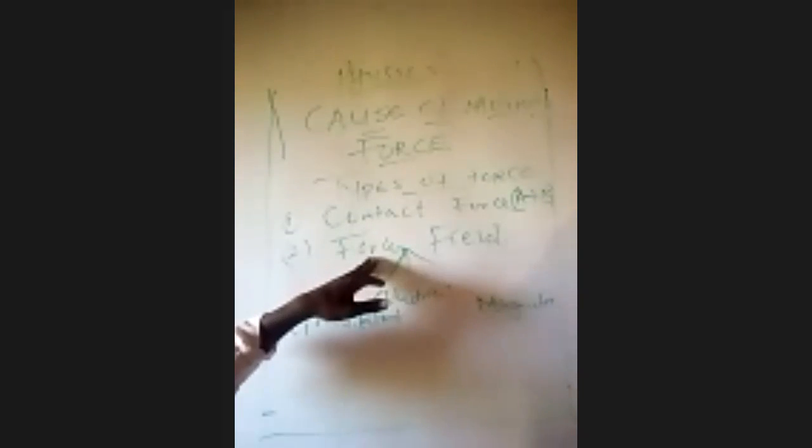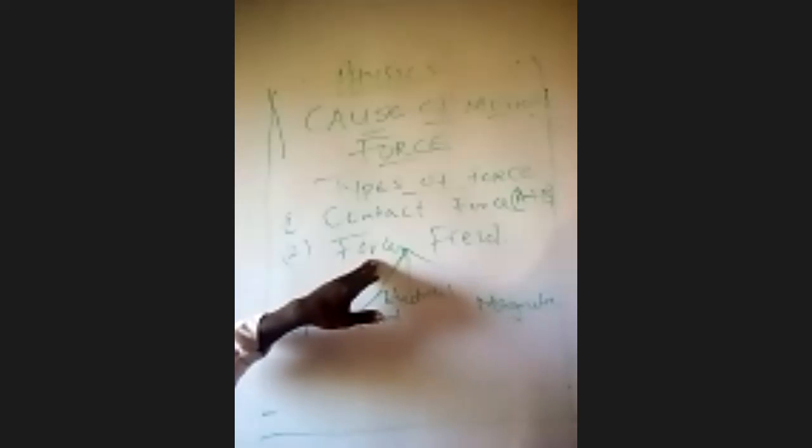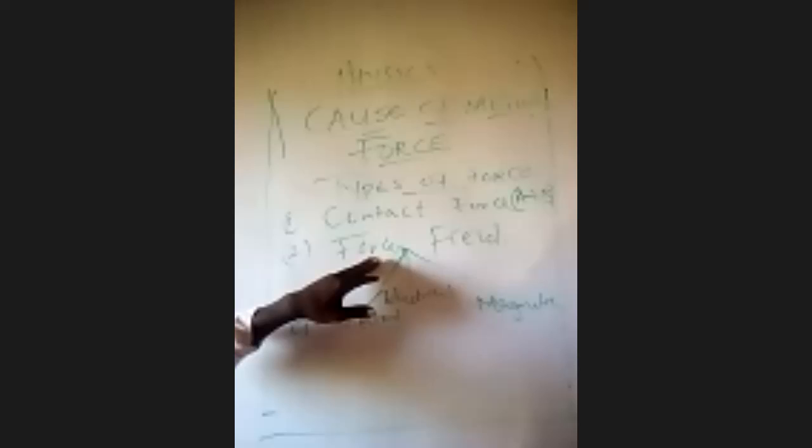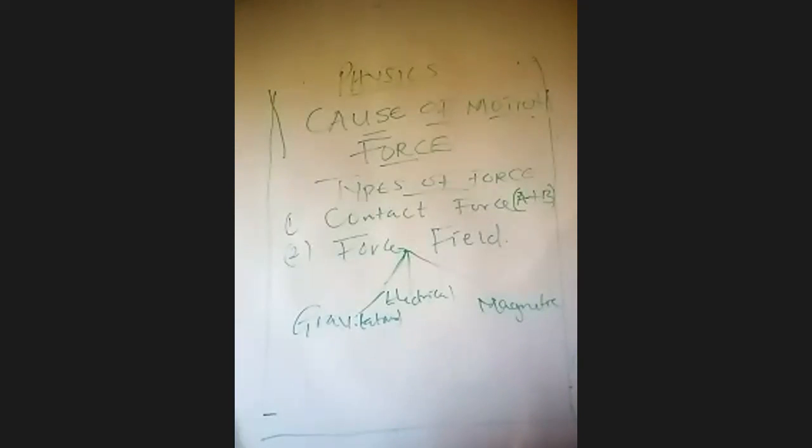Now, we have explained force field as a type of force whose sources do not require contact with the body to which they are applied. There is no need for contact. Now, what is gravitational force? Gravitational force is the force by which Earth attracts objects towards its center.